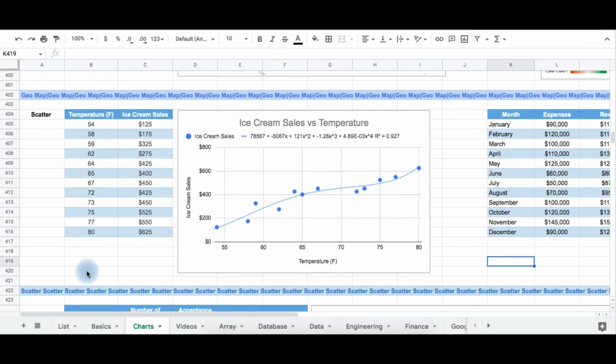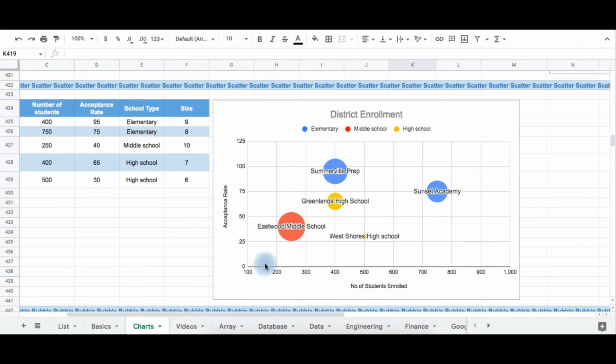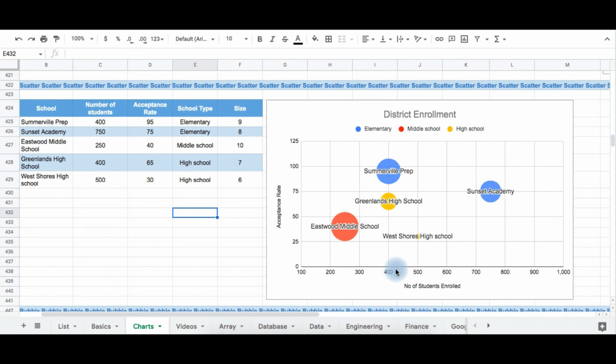Now let's look at the bubble graph. So in the bubble graph, as we explained, the relationship is between the X, Y, and the size of the bubble. So here we have the different schools, the number of students, acceptance rate, the school type, and the different sizes. And as you can see, also on the graph, we have the number of students as the X and the acceptance rate on the Y. And the size of the bubble is basically the size of the school.